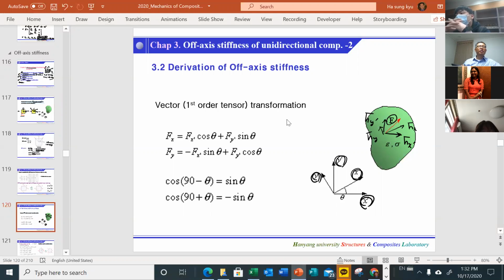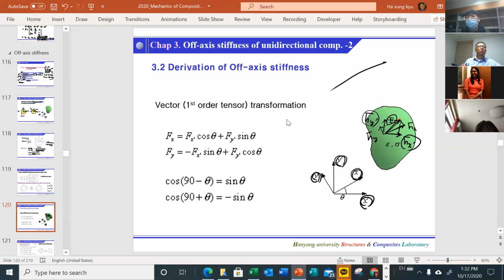So as you can see, this f quantity does not change. That's the key point. It does not change, but depending on the coordinate system, we have different components to indicate this f.